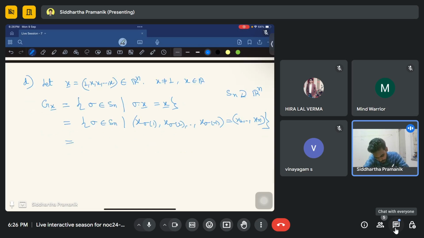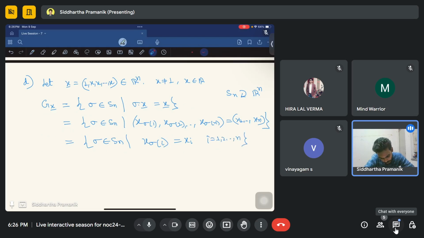So that means sigma belongs to Sn such that x sigma of i equals xi for i equals 1 up to n.